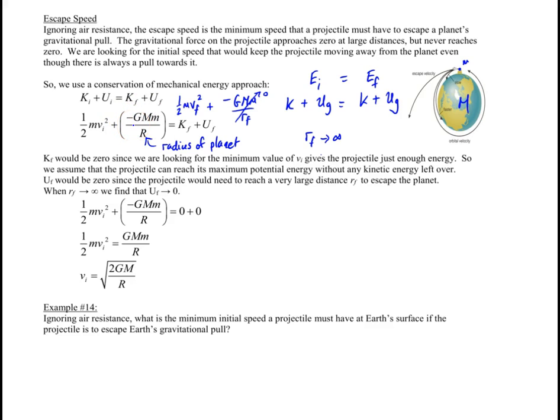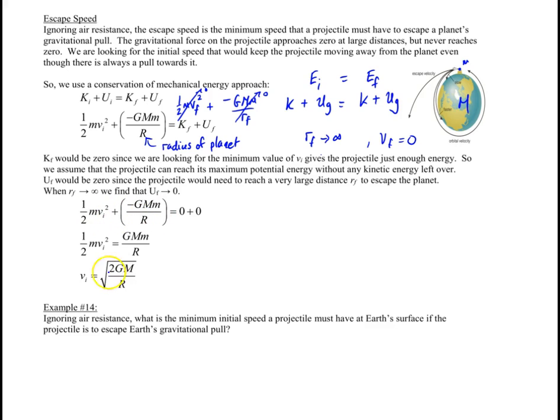When that occurs, there's no more gravitational pull acting on it anymore, and the rocket has essentially stopped moving. You noticed in the animation earlier that it kept slowing down. So when you reach that limiting point, the final velocity is basically 0, so this term is going to be 0. In reality, the total energy at the end is 0. All of that positive kinetic energy is equal to all of that negative gravitational potential energy.